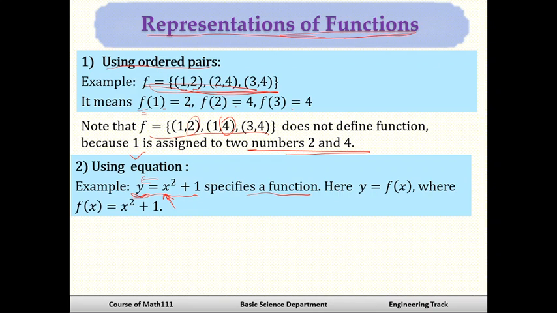If an equation is given to you, you can write it as y equal to f of x, and you can write this part as f of x. So this equation can be written as f of x equal to x squared plus 1. Simply replace y with f of x. Here is the question.